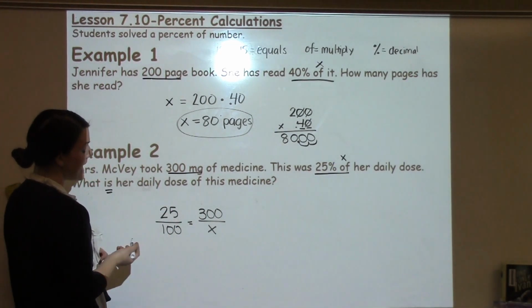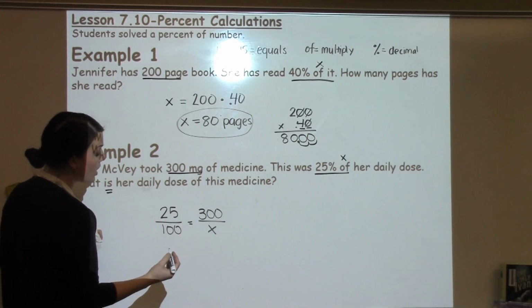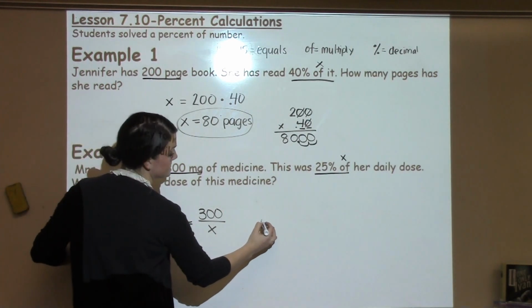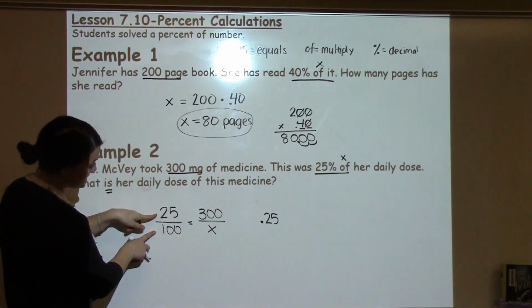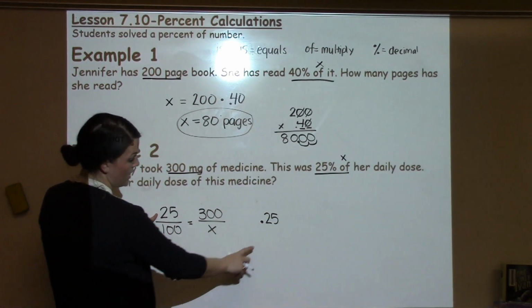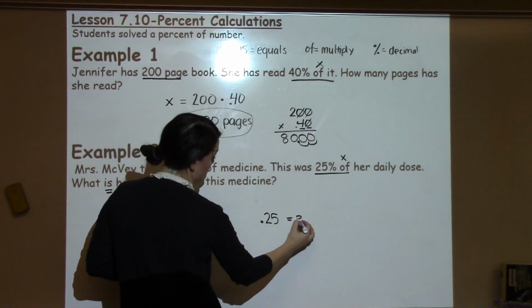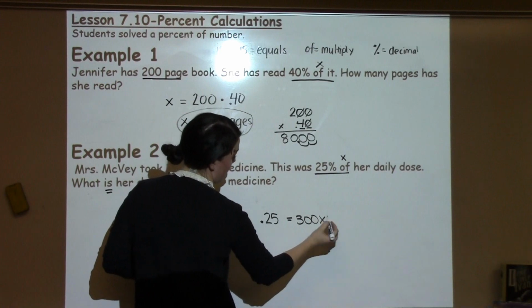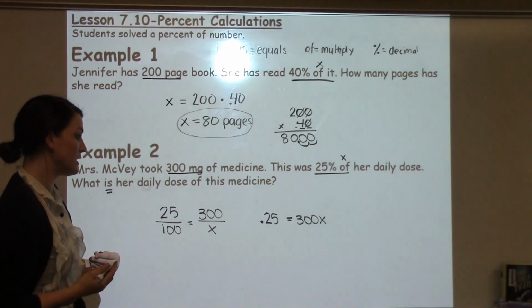I could use cross multiplication, or I could also set it up in a different way as an equation and say 25%, which is the same as 25 over 100, or 25 hundredths, equals 300x. And then I would be working with the same sort of thing to isolate the variable.